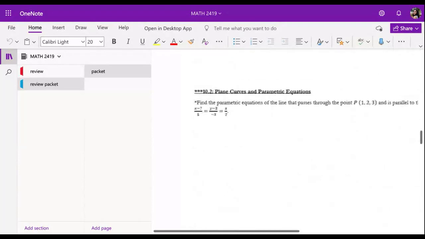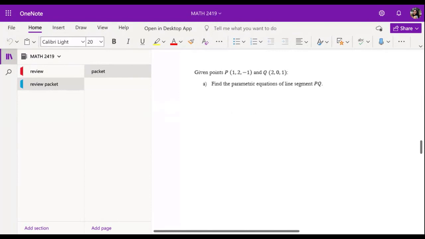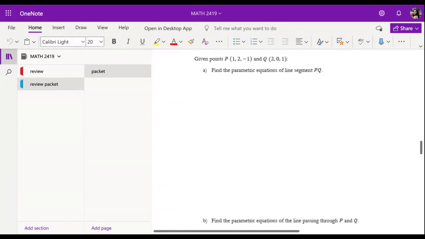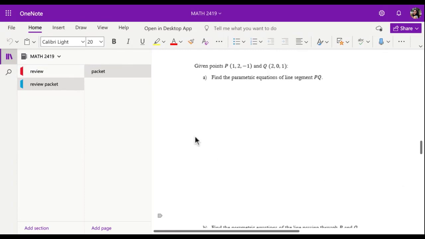Let's see. So we have given points P and Q. Find the parametric equations of line segment PQ. So for this question, what would we do first? Anyone have an idea?